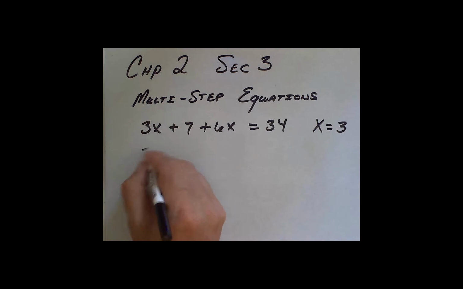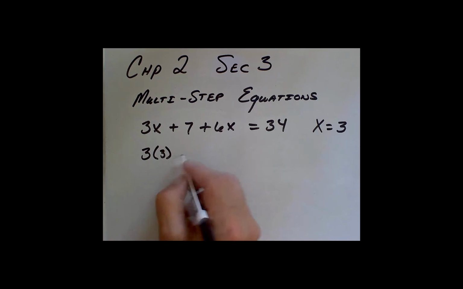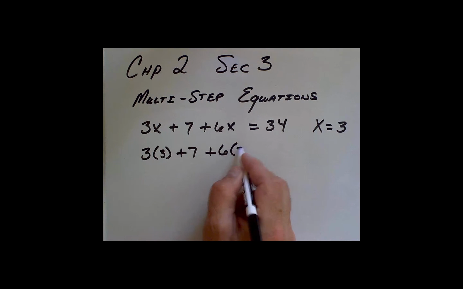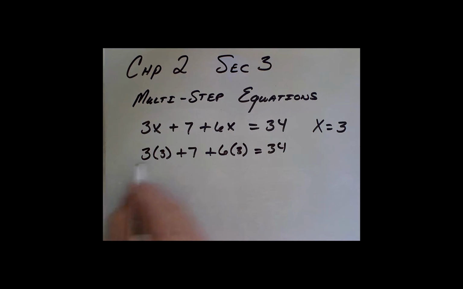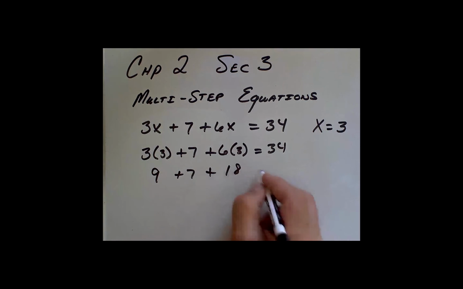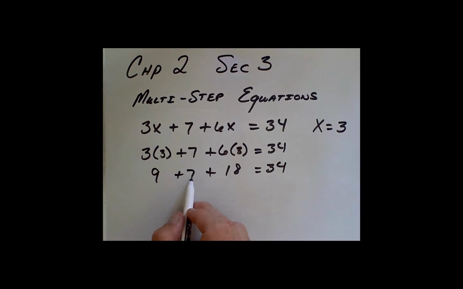Let's try that once. 3 times 3, plus 7, plus 6 times 3 equals 34. Well, 3 times 3 is 9, plus 7, plus 6 times 3 is 18, equals 34. 9 plus 7 is 16.